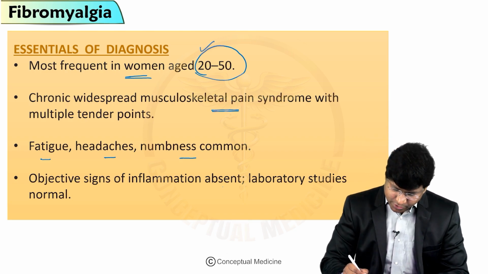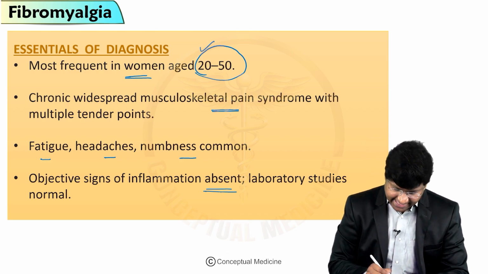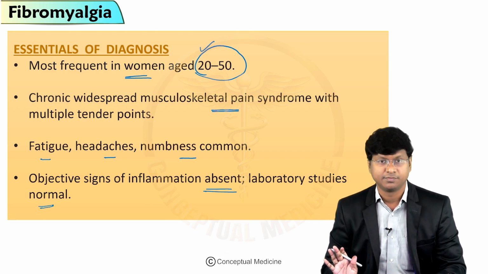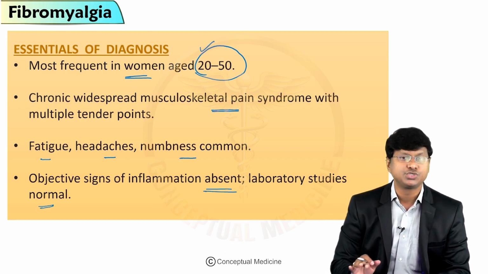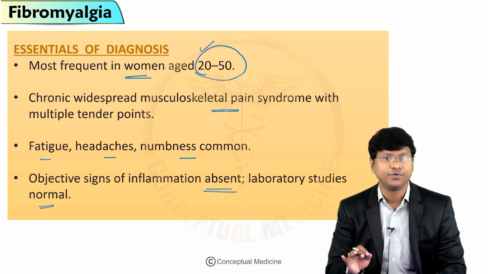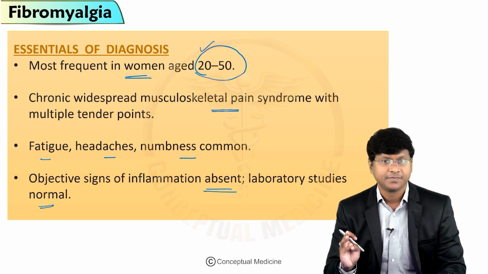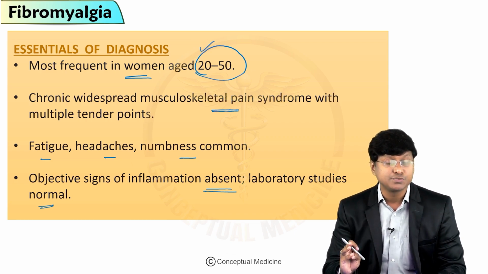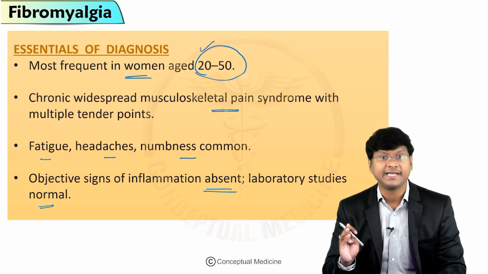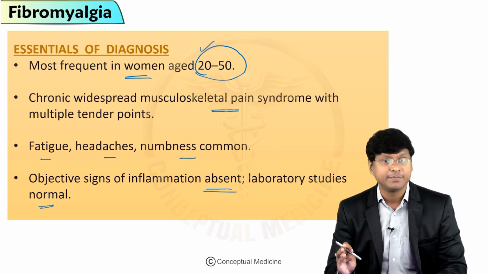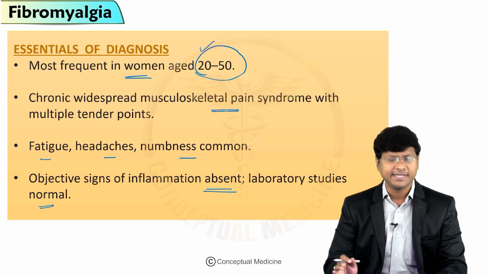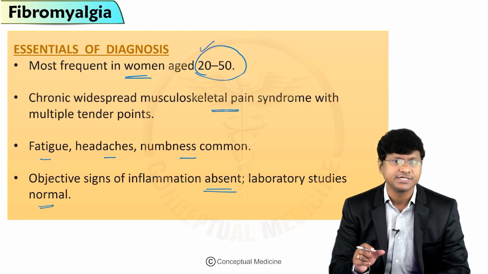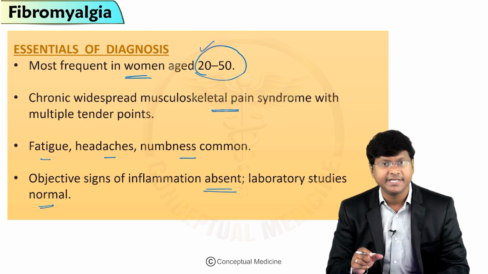Objective signs of inflammation are absent and laboratory studies are also normal. Only the SPECT scan will show you reduced blood flow to the thalamus, the pontine tectum, and the caudate nucleus. These are the structures which play an important role in the integration of pain modulation.